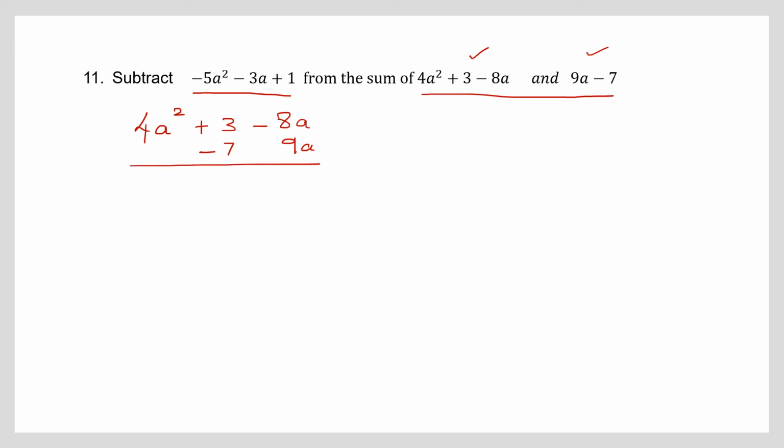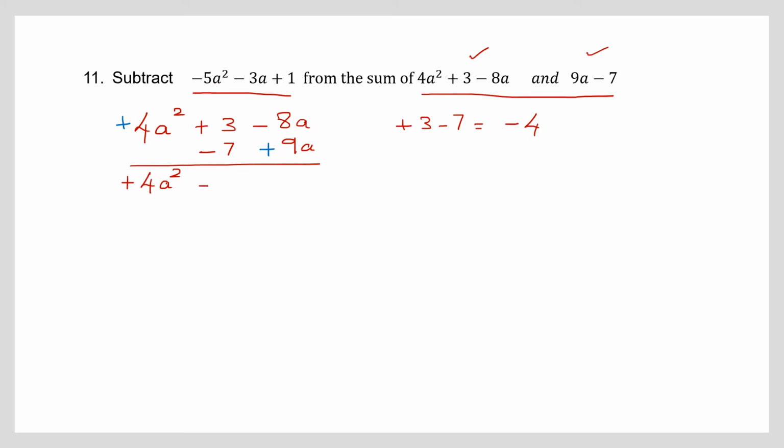Okay, so what's missing? I have a plus sign here and a plus sign here. Now let's work out. So this becomes plus 4a square. Then plus 3 minus 7. When signs are different, put the sign of the bigger number and subtract. 7 minus 3 is 4.